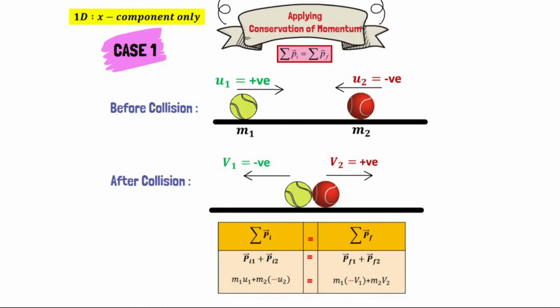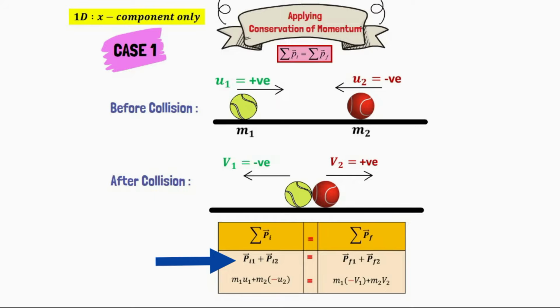Okay. So now back to the principle of conservation of momentum, that total initial momentum is equal to total final momentum. Alright. So initially we have two objects. Kita ada dua object. So before collision, iaitu total initial momentum, mestilah momentum initial 1 plus momentum initial 2.